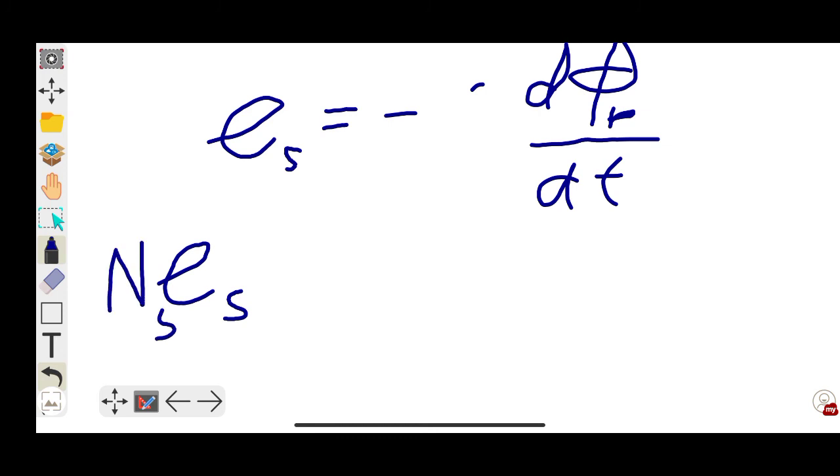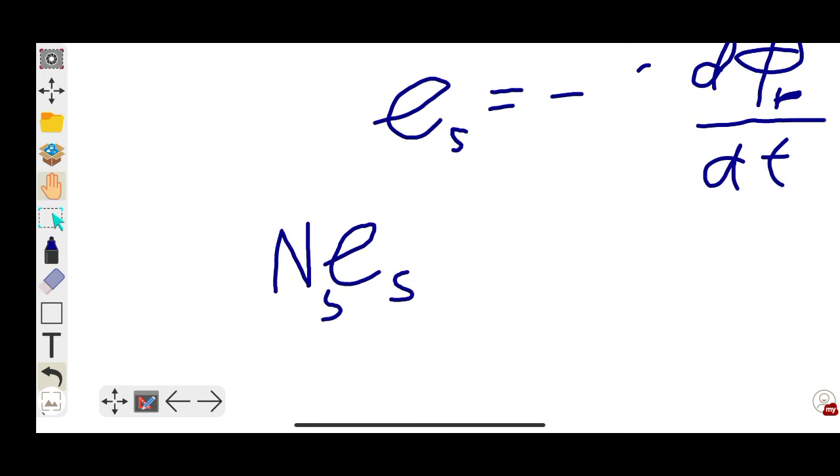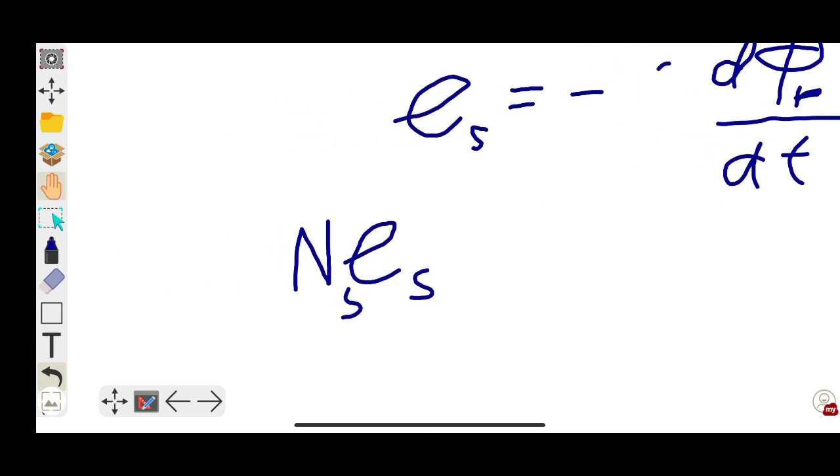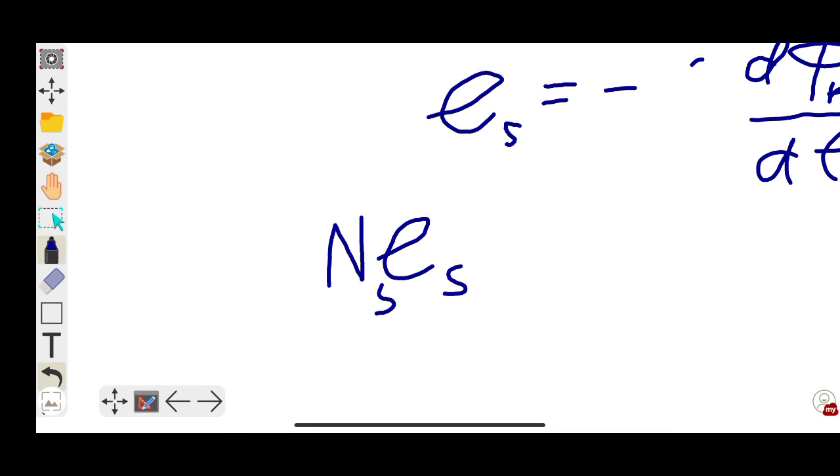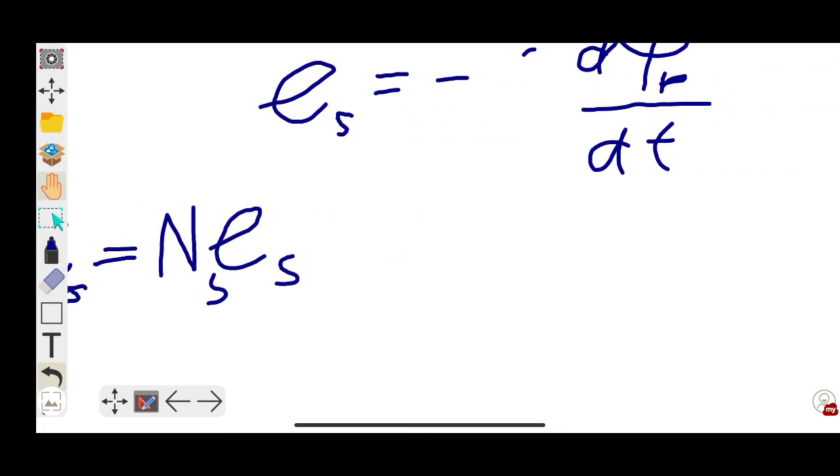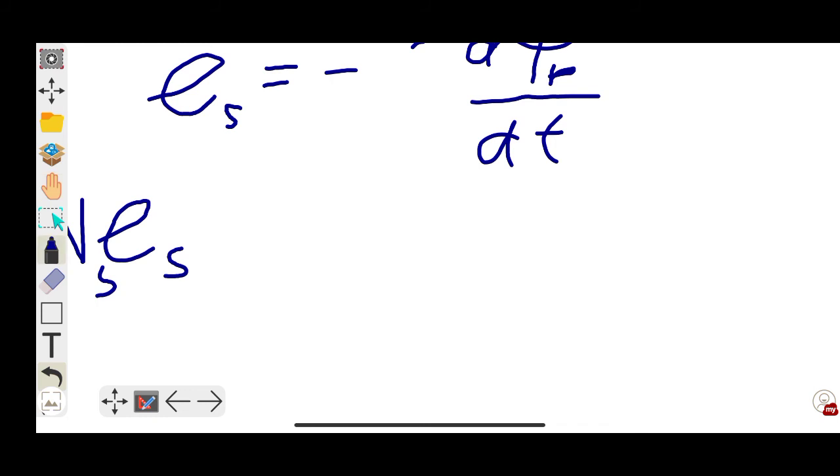That will be the total EMF in the secondary. That can be written as NS times minus d by dt of the flux.